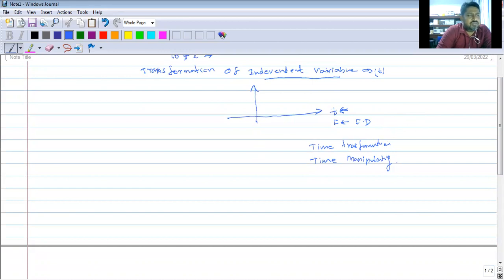Normally we analyze time domain and frequency domain signals, so the principles can be directly applied to frequency domain signals also.